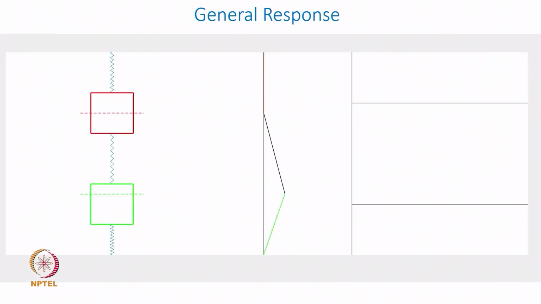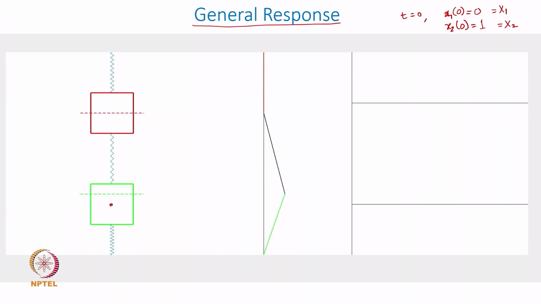you an idea of what happens when the initial displacement, that means at time t is equal to 0, x1 at time t is equal to 0, let us say is 0, and x2 at time t is equal to 0. Now, this we know is actually x1 and this is x2, but what I do is I give 1 unit displacement to the second mass, but 0 unit, that means I do not move the first mass, I keep it stationary, but disturb the second mass, move it downwards by 1 unit.